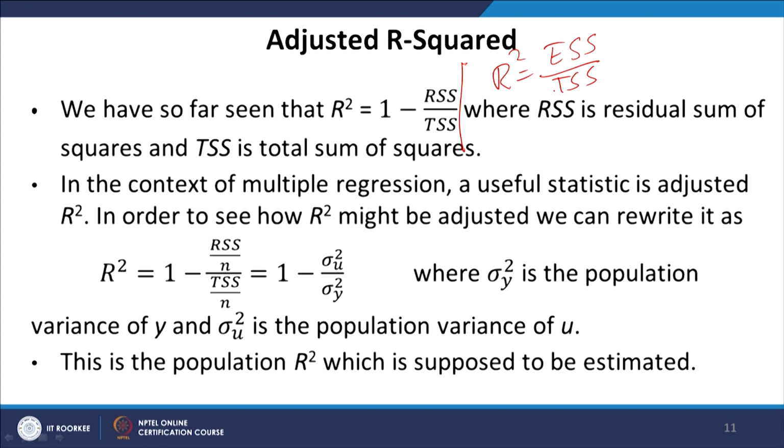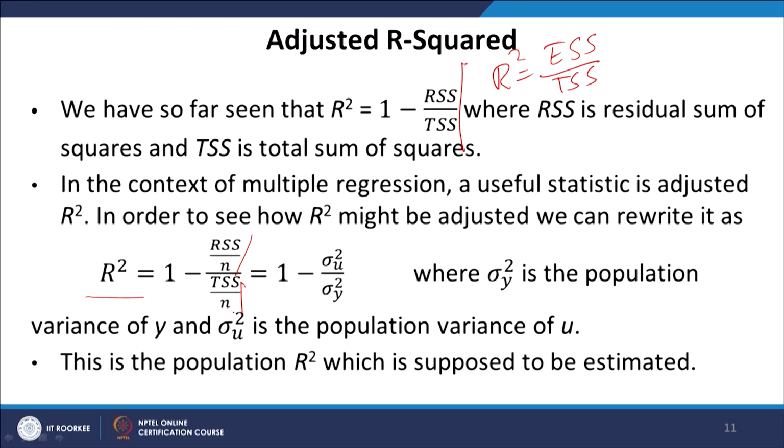In order to see how R square might be adjusted, we can rewrite the R square value by dividing both the numerator and the denominator by n. So, RSS by n is sigma square u, the variance of the error term, and TSS by n is sigma square y, the variance of the dependent variable y. Sigma square y is the population variance of y and sigma square u is the population variance of u.